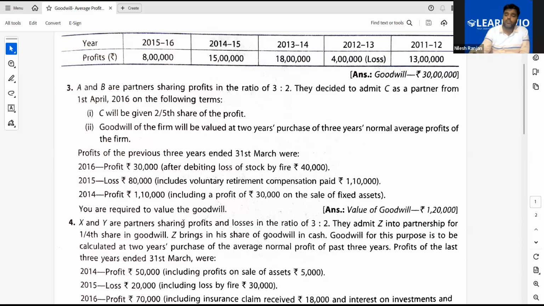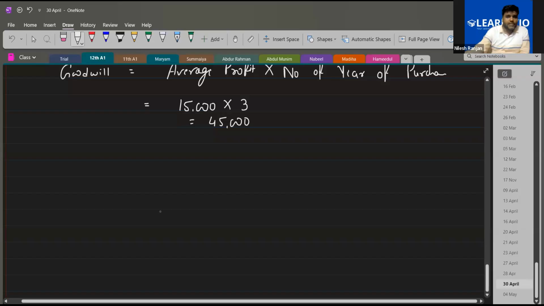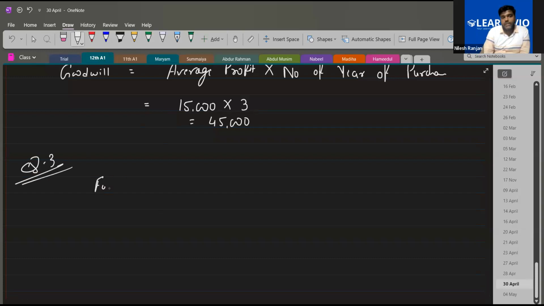Any profit which is not of a normal nature, we have to remove the impact of those. That's why we have to calculate. There is a concept called future maintainable profit, meaning a profit which can be maintained in the future.